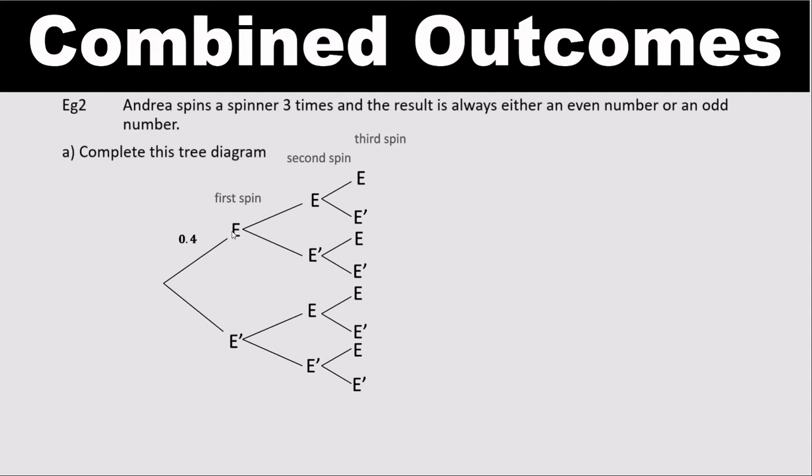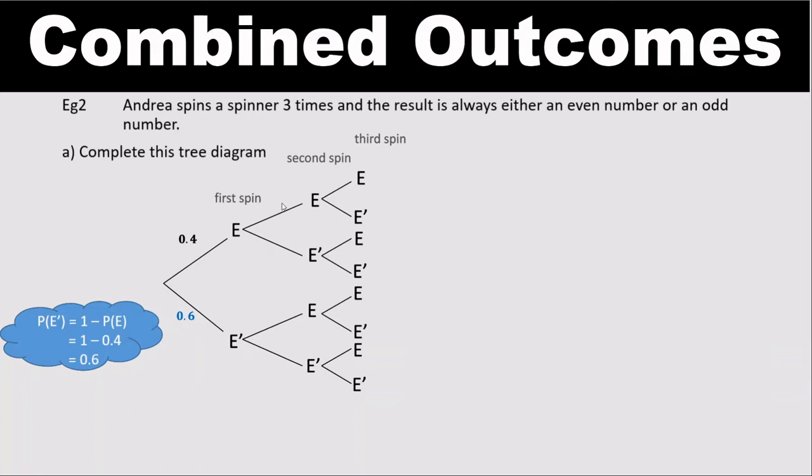And we know that the even numbers plus the odd numbers make all possible outcomes, so the probability of rolling an even plus the probability of rolling an odd must add up to 1. So to complete this tree diagram, these two branches must always add up to 1. And 1 minus 0.4 is 0.6. So for our first branch, we've got 0.6 for the probability that we roll an odd.